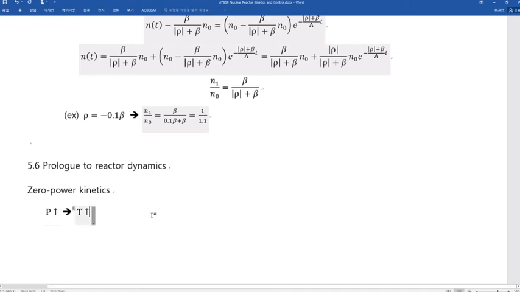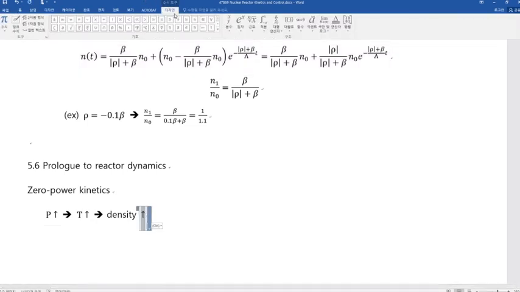Temperature increases. The increased temperature will decrease density. Density will not increase, density will decrease.